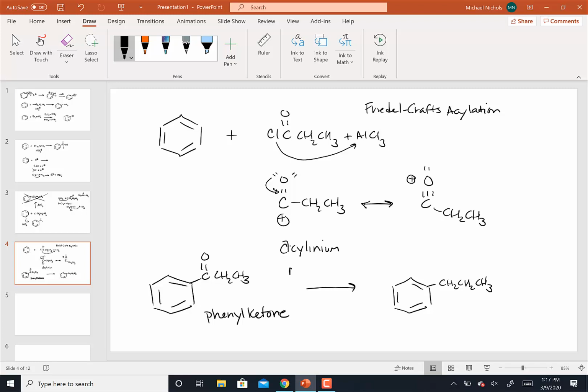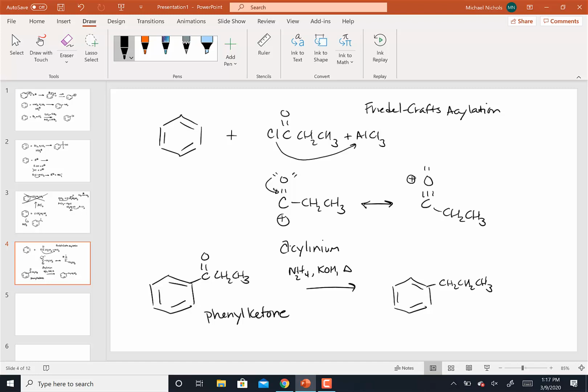The first is to use N2H4, KOH, and heat. Remember, that's what the triangle means. So N2H4 is hydrazine, KOH, and heat will reduce the carbonyl all the way down to a CH2.